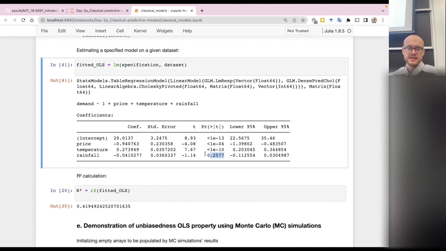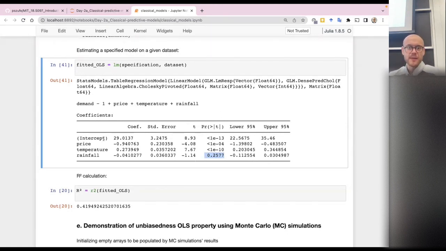Since this p-value is higher than either 5% or 10%, depending on your threshold, we cannot reject the null hypothesis. So we cannot state there is some impact. We are taking the null hypothesis as our decision and stating that there is no impact. Of course, in reality there might be, but this is statistical inference.